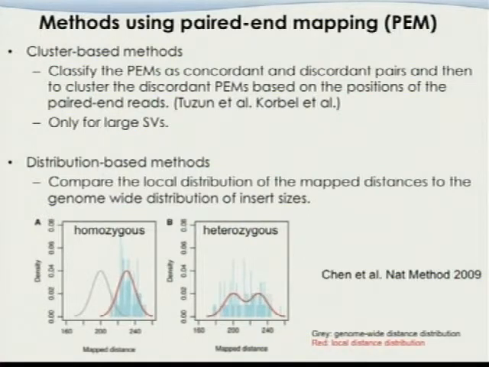For some smaller ones, there are distribution-based methods. That is more like counting the distance between the two ends after you align it back to the genome. One example shown here is a homozygous, is that insertion or deletion? I think this is a deletion. I need to get back to it.